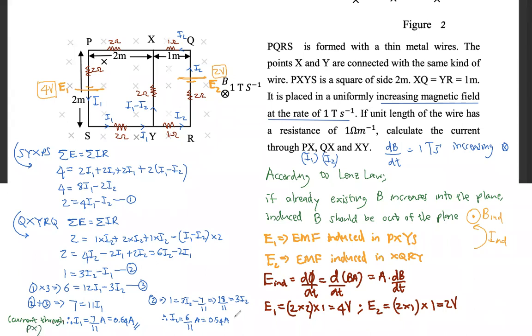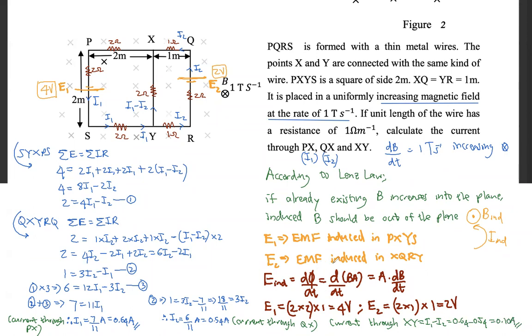And I2 is the current through Qx. The last one, current through xy. What is current through xy, people? Current through xy we have already found out, that's I1 minus I2. I1 minus I2 is 0.64 minus 0.54. I'm roughly getting 0.10 ampere.